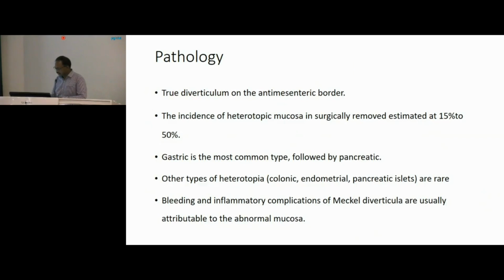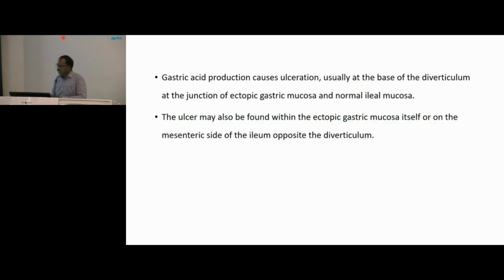The bleeding and inflammatory complications of this Meckel's diverticulum are usually attributed to this ectopic mucosa. Gastric acid production from this ectopic mucosa causes ulceration and bleeding from the normal ileal mucosa.